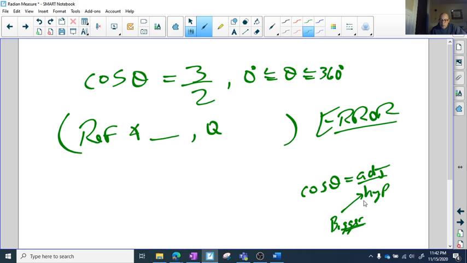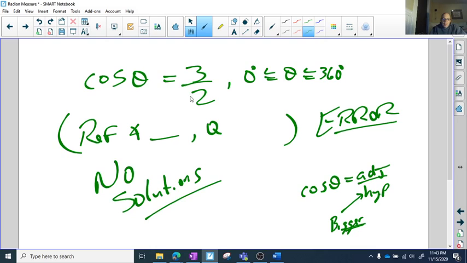Well, if the bigger number's on the bottom, there's no way you could have this set up as a fraction with the bigger number on the top and the smaller number on the bottom. So this is an impossible trig ratio. So if it says error, it usually means that you just have a ratio that's not possible, which means there are no possible solutions. And this can happen.